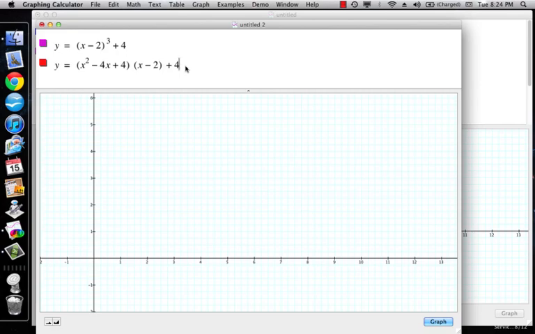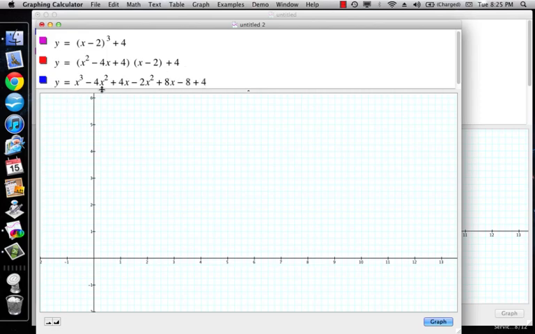And then let me just do a new one. Y equals x cubed minus 4x squared plus 4x minus 2x squared plus 8x minus 8 plus 4.